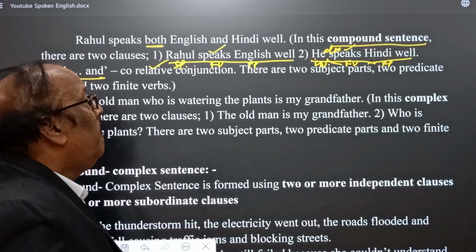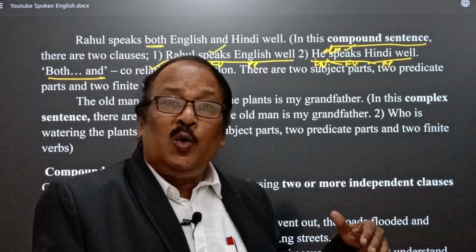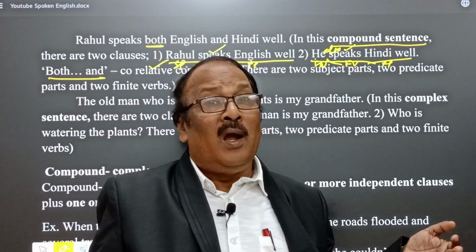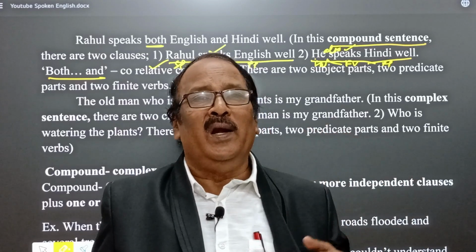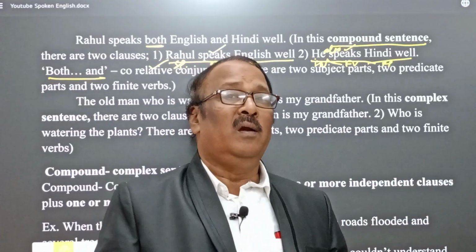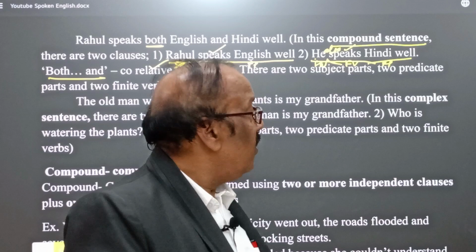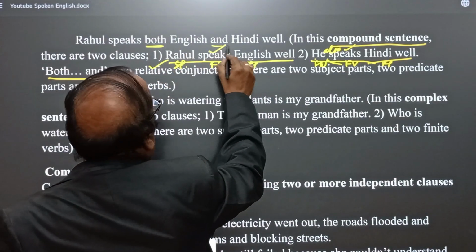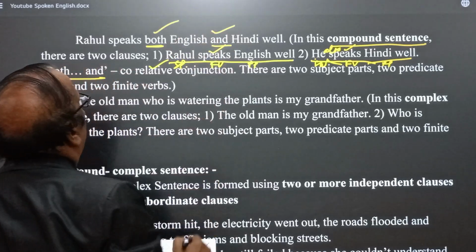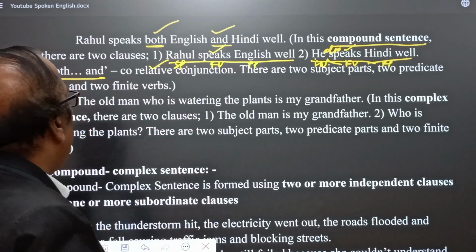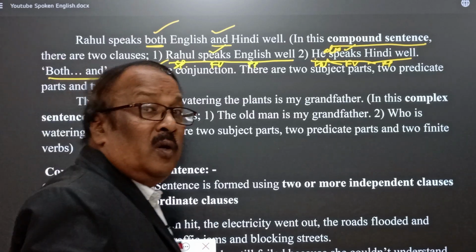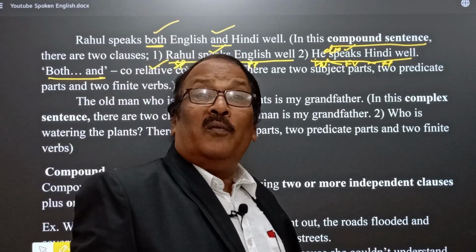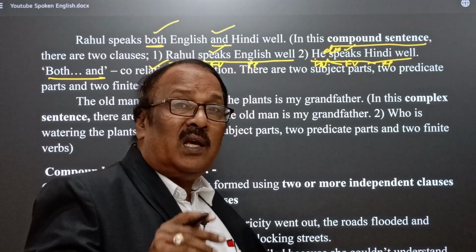So there are 2 subjects, 2 predicate parts, and 2 finite verbs, and hence 2 independent clauses. These 2 independent clauses are connected with the help of both and. Therefore it is now clear: both and is a correlative, and for that sake unnecessary words are omitted.